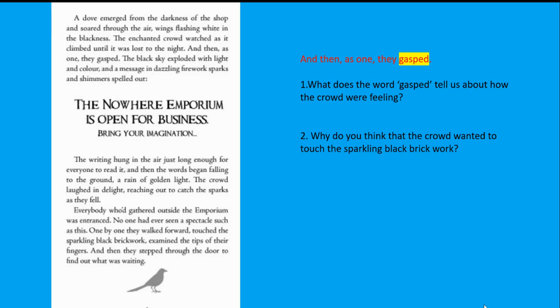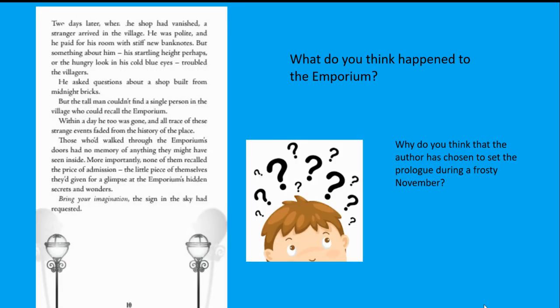So they're really intrigued by it, aren't they? Or perhaps it might have something to do with bringing your imagination. So maybe they're actually bringing their imagination to the brickwork. Right, what do you think happened to the Emporium? Think about that as we read through the next section.